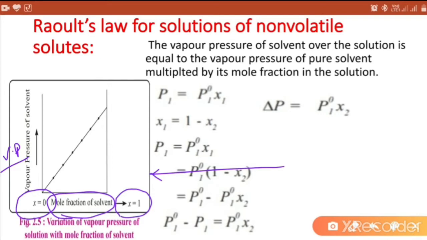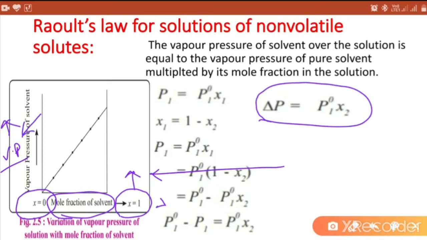As the vapor pressure increases, the mole fraction also increases, so mole fraction depends on vapor pressure and vapor pressure depends on mole fraction. Lowering of vapor pressure is related with the mole fraction, and vapor pressure is related with the mole fraction. So due to these two statements, lowering of vapor pressure is a colligative property.